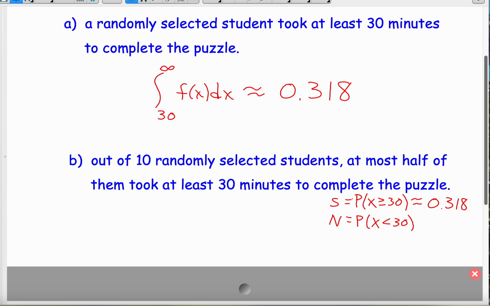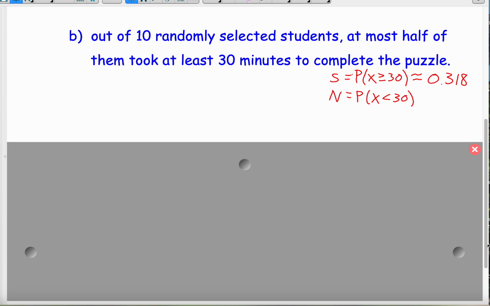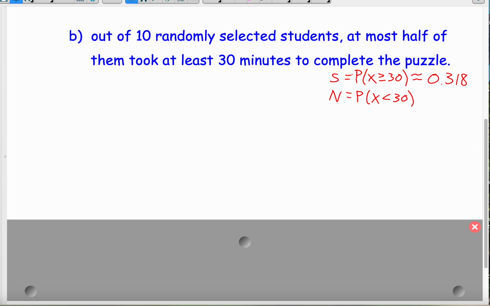All right, so now I want to set up a binomial for this. I've got the 0.318 set up. So I'm going to be doing S plus N, to the power of 10, because we had 10 randomly selected students. Each student has the same probability, and one doesn't affect the other, so I've set it up as a binomial.